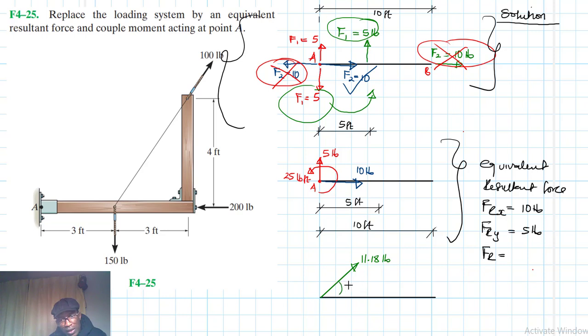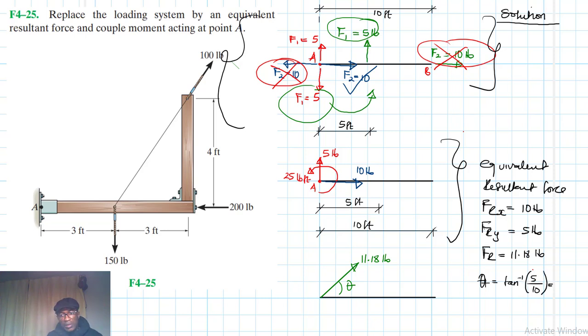So let's find this angle theta. So theta, we said this is 11.18, okay, using Pythagoras. And if we calculated this angle, we have the change in y, which is 5, divided by the change in x.